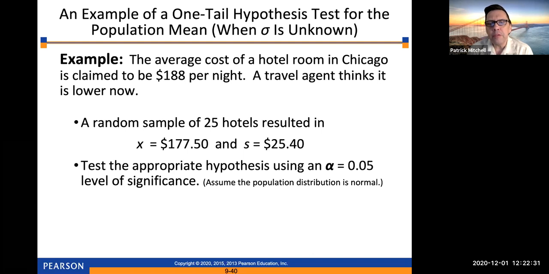A random sample of 25 hotels resulted in a sample mean, let's put a bar over that X, of $177.50 and a sample standard deviation of $25.40. Test the appropriate hypothesis using an alpha equals 0.05 level of significance and assume that the population distribution is normal.